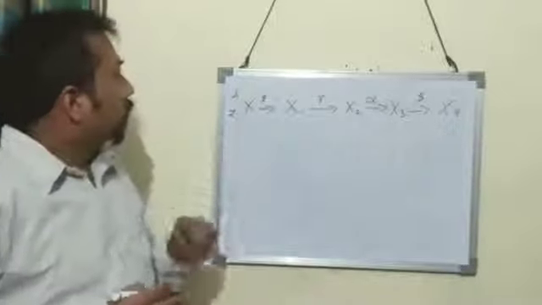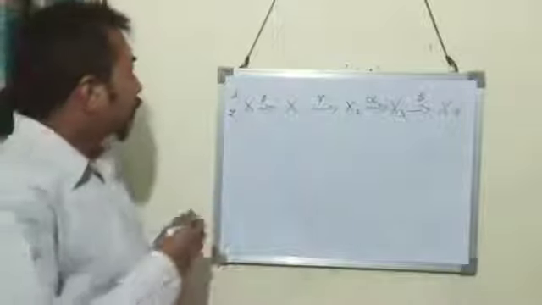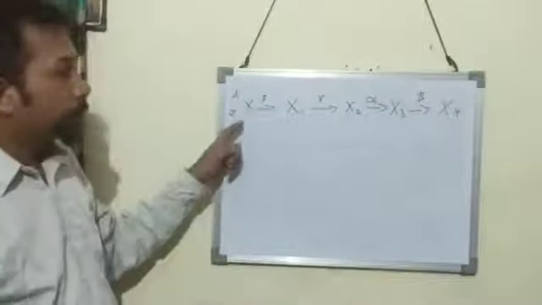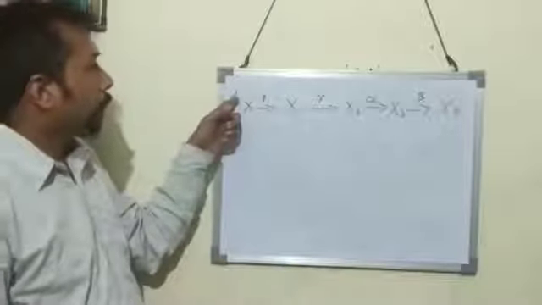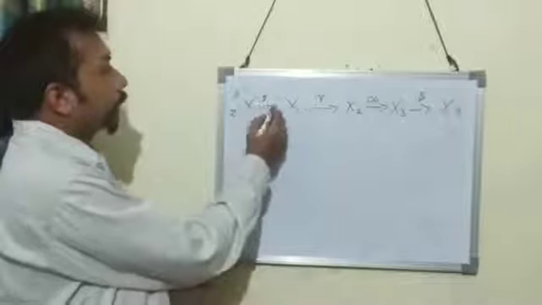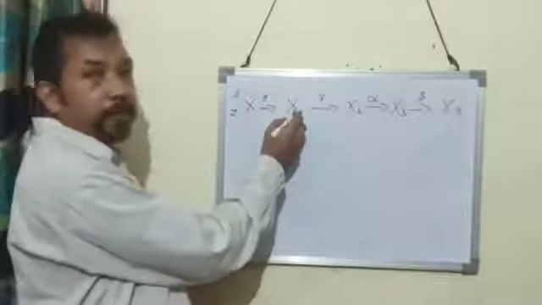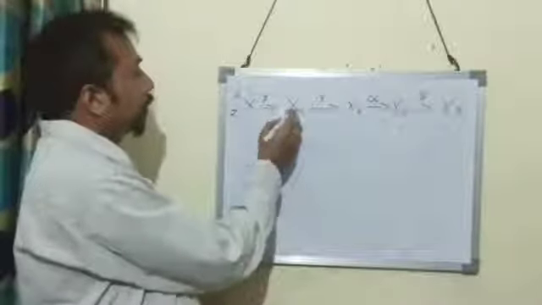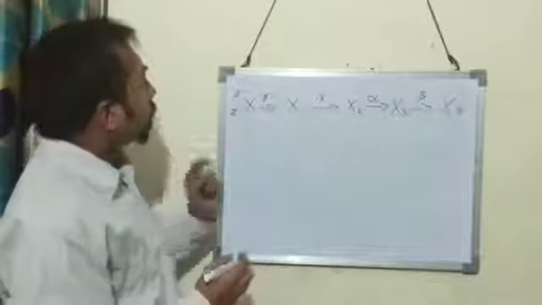Now see this question. We have to complete the equation. Here X is a radioactive element whose atomic number is Z and mass number is A. It emits a beta particle and changes to another element, X1. Then we have to find the atomic number and mass number of X1.